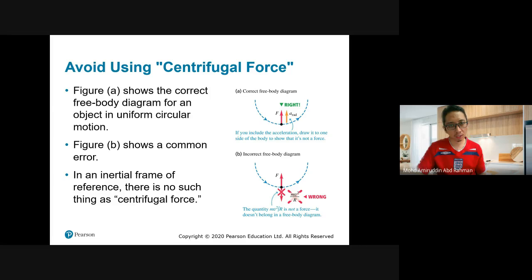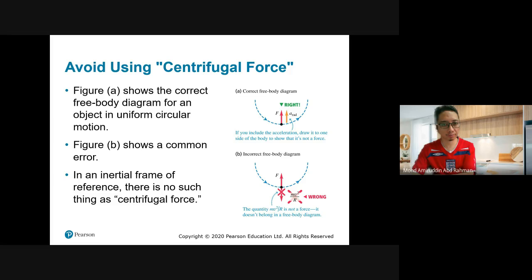Let's say you look at A. If you include the acceleration, draw it to one side of the body to show that it is not a force.